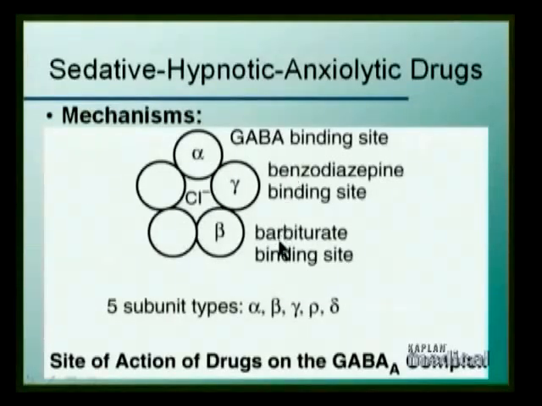By the same token, if there were antagonists to these binding sites, they would be very selective to either benzos or barbiturates. We will further distinguish for benzodiazepine binding sites two spots on the GABA-A receptors, and these spots where benzodiazepines bind are given, very loosely, the term benzodiazepine receptors. Now, never think that benzodiazepine receptors are unrelated to a GABA-A receptor. In reality, a benzodiazepine receptor is simply a site involving the gamma subunit to which benzodiazepines bind.